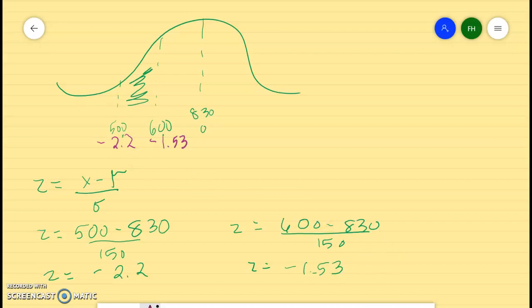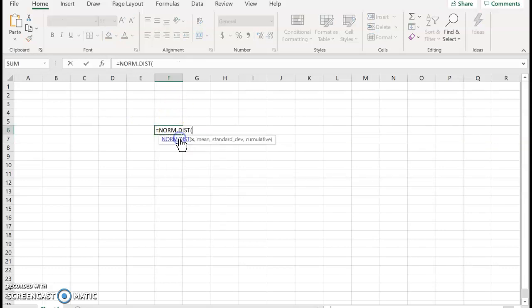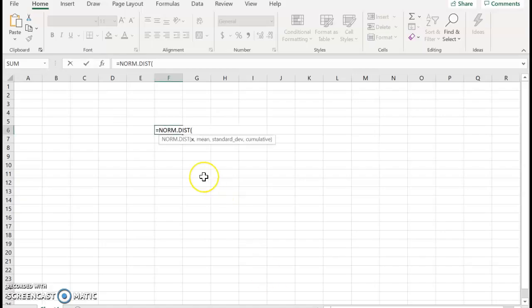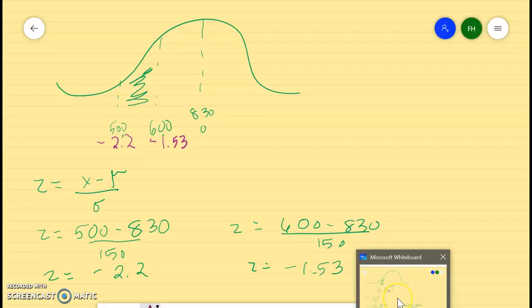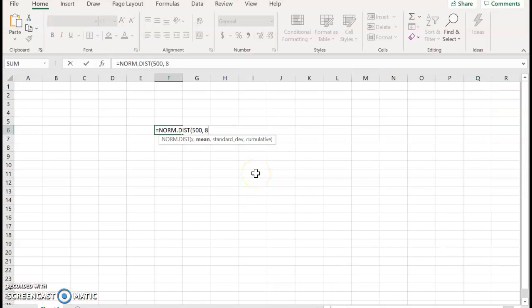Now we need to look these up using the same normal function. The x is 500, let's do that one first. The mean is 830, and the standard deviation is 150.